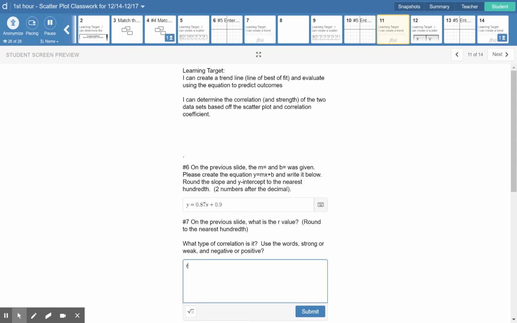So then R equals 0.73. So this is a strong positive because it's close to 1, or you can write it's between 0.5 and 1 on the number line, totally fine.